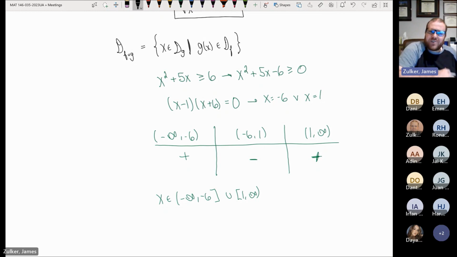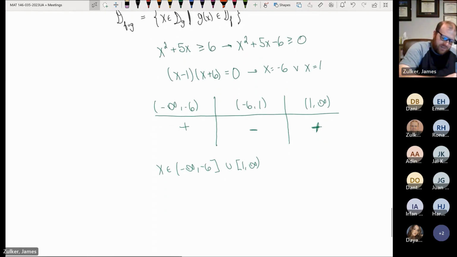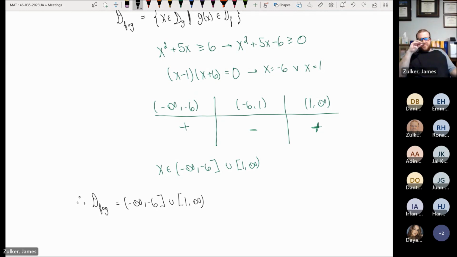Well, since the domain of g is all real numbers, that would be our domain of f of g.